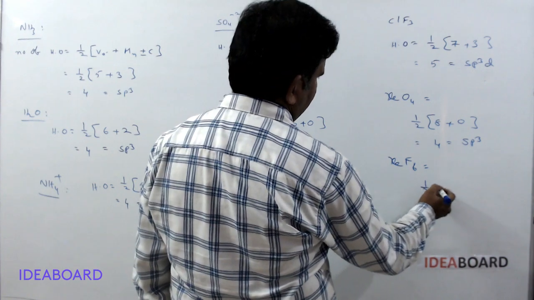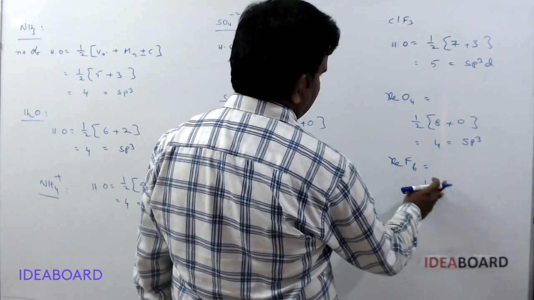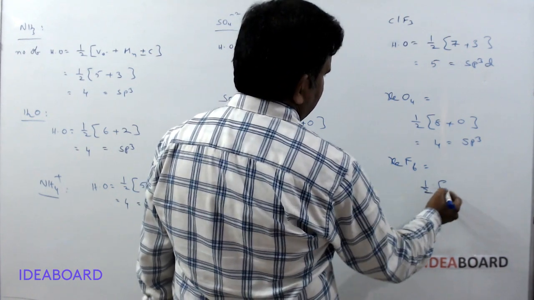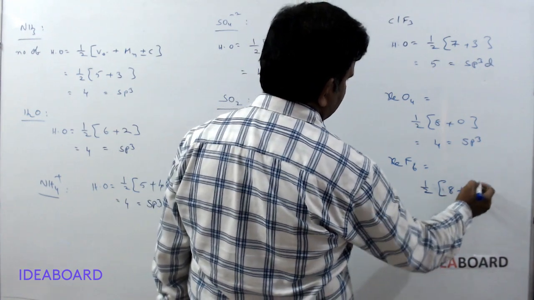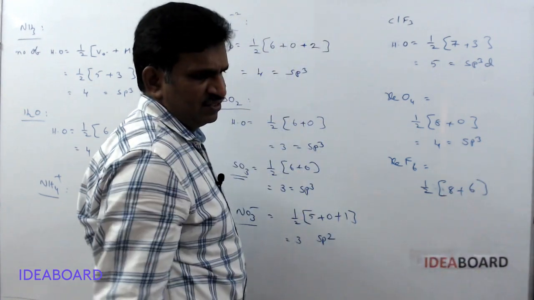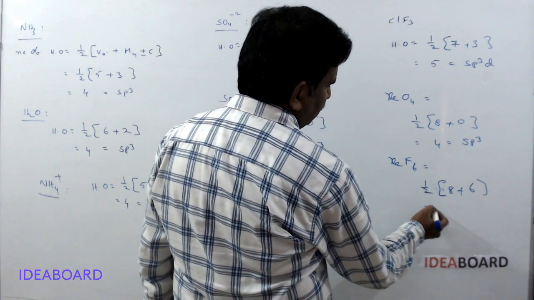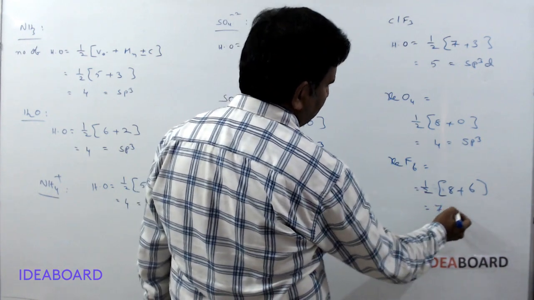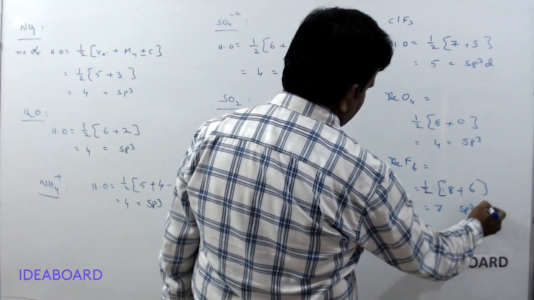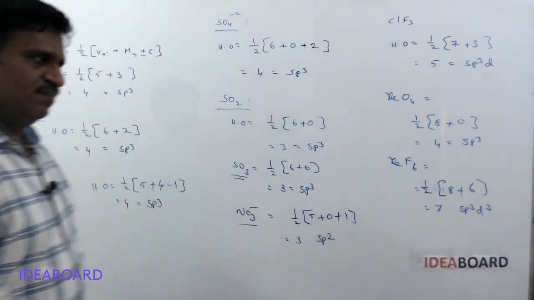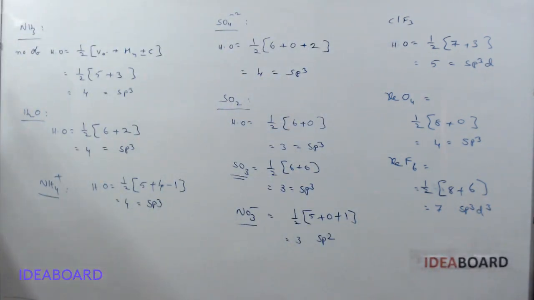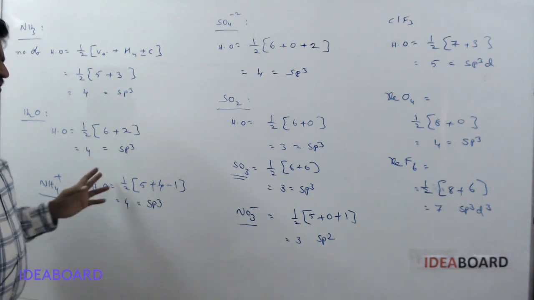Again, half into 8 plus 6. 8 plus 6 means how much? Yes, 14 by 2. So 14 by 2 means you will get 7. 7 means it is sp3d3.